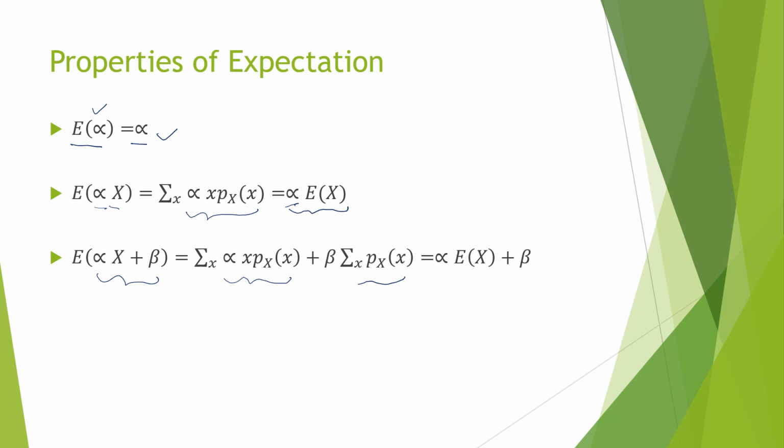From the basic definition, in the place of x you keep alpha x plus beta and expand it. Then you get alpha E[x] plus beta. So what we understand from this is, if you add some constant to the random variable alpha x, then its mean value is shifted by beta. So these are the three important properties of expectation.